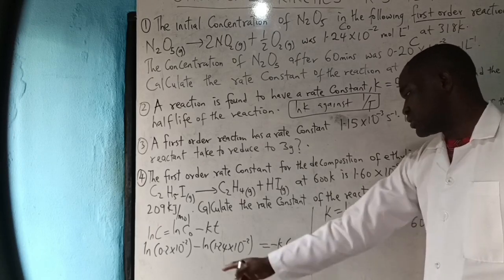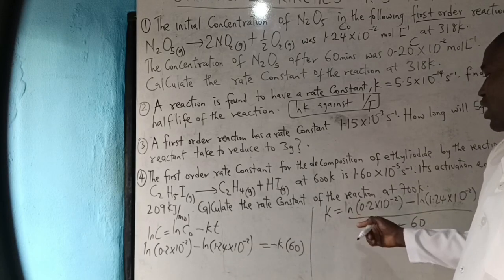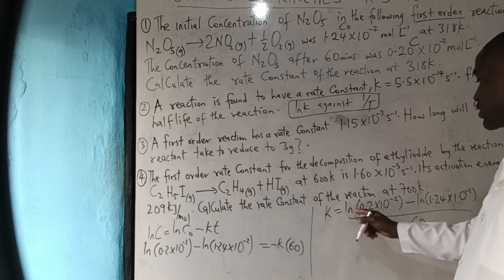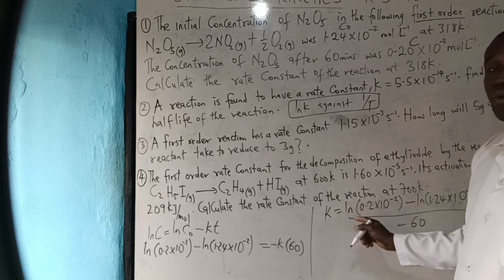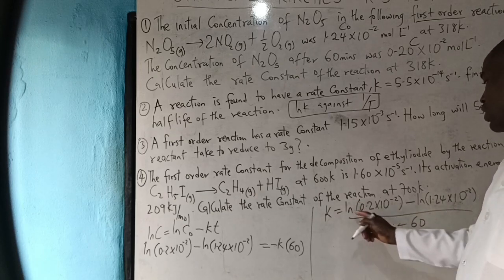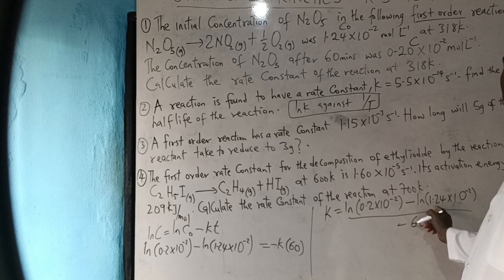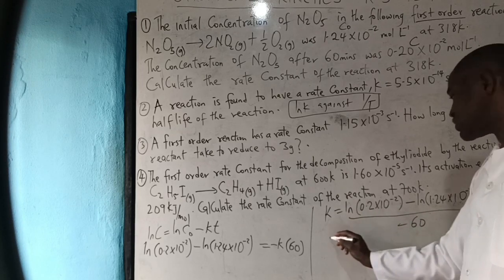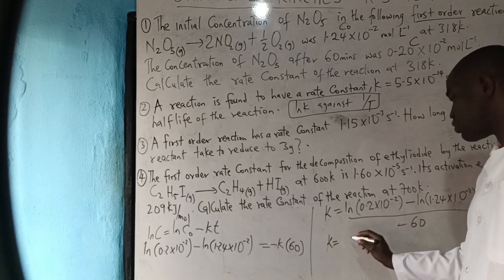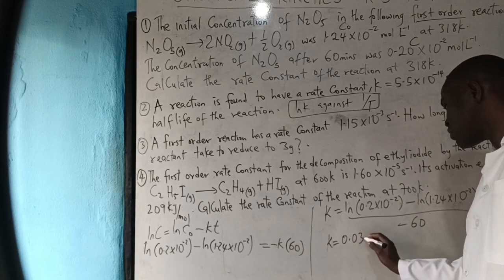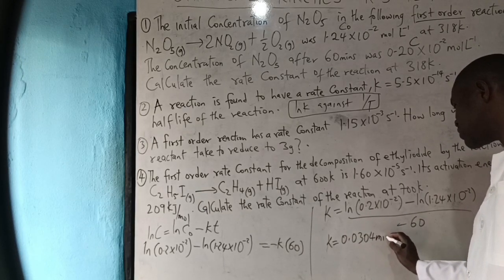Carry minus 60, go the other side. Now you use your calculator, your scientific calculator. You see ln there. You package it this way. This will be giving you a negative answer. Okay, and so divided by negative 60, our K will be equal to 0.0304 per minute.